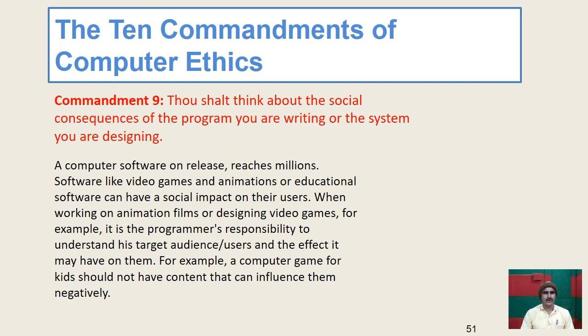Means here the programmer must study the effect of his program, that is the effect of his video game or animation, on the target audience, means on the targeted social groups.